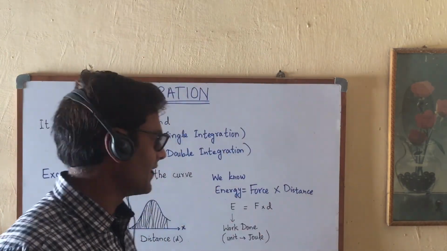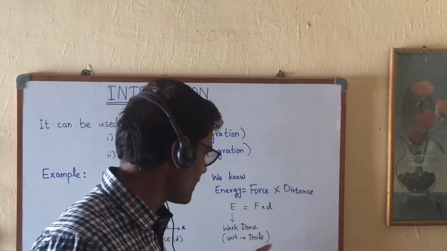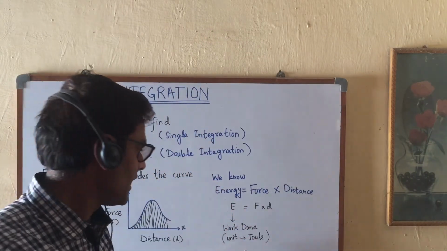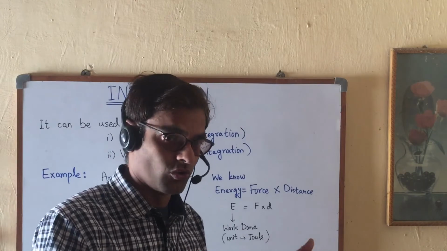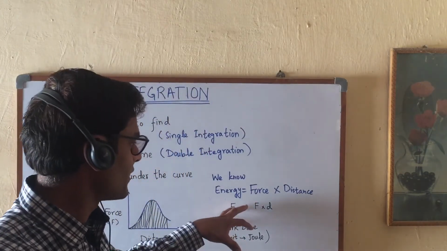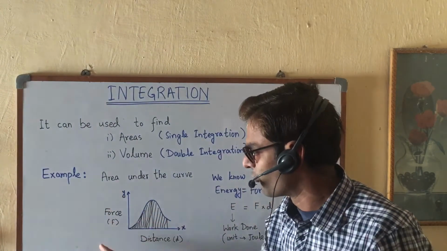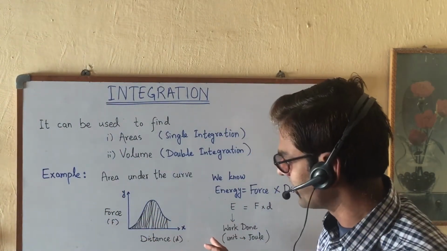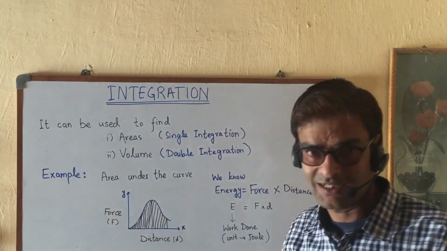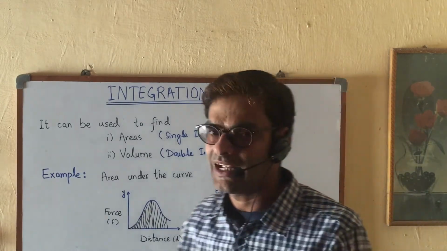We know work done is equal to force times distance. Work done is actually energy, and you know what the unit is? Joule. Work done is force times distance. Now on the y-axis is force and on the x-axis is distance. Multiplying force by distance gives area.